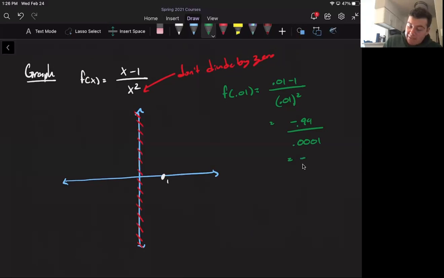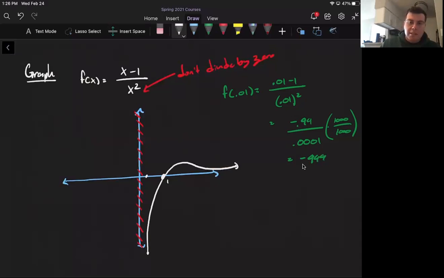And it gives us about negative 9,900. So this is just normalizing the denominator to understand what our number is. We get a very large, very negative number. So when we're close to 0, our function's way down here. Maybe it should look something like this. And it will have a horizontal asymptote like that.